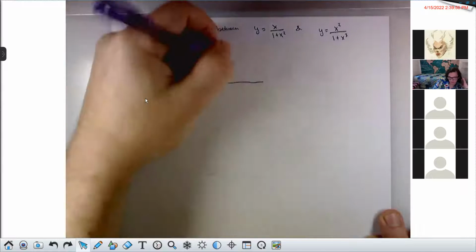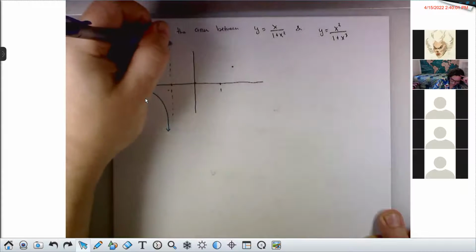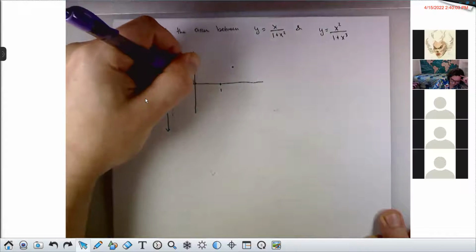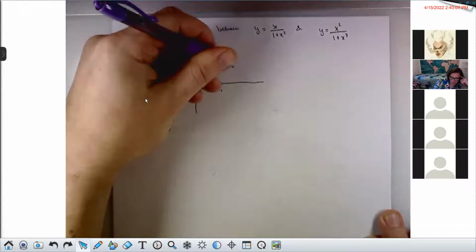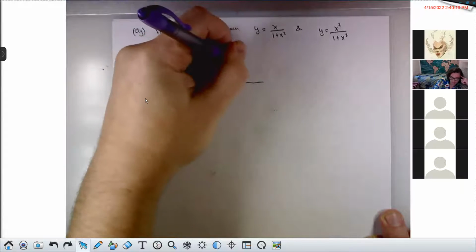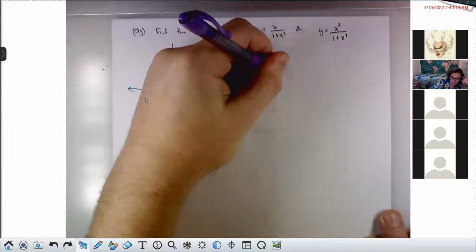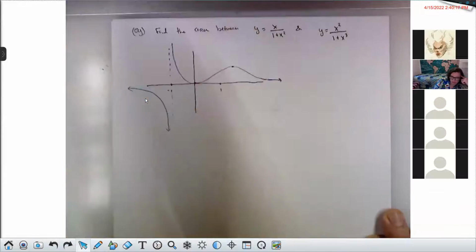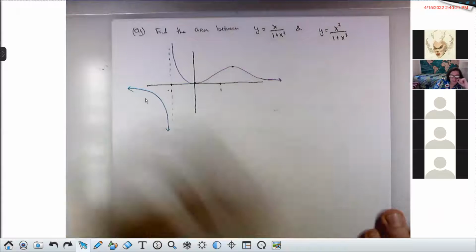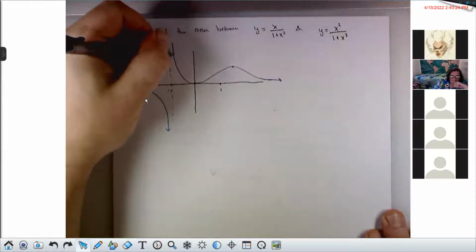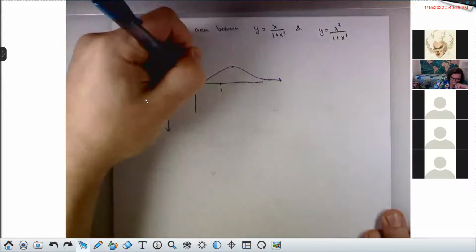So I'll do in purple. Something like that. Oh no, this is all supposed to be in blue. Same curve, sorry.